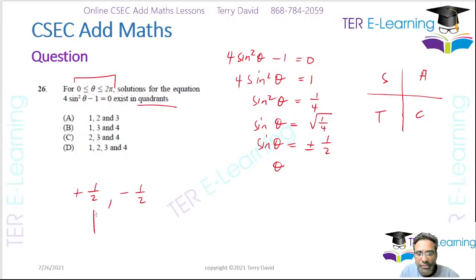So let's look at this solution here. If we look at the positive value, then we should have an answer that lies in this quadrant and in this quadrant. If we look at the minus a half, sine is negative in the third quadrant and the fourth quadrant. So therefore, I will get 4 answers in all 4 quadrants. So the answer has to be D for this one.